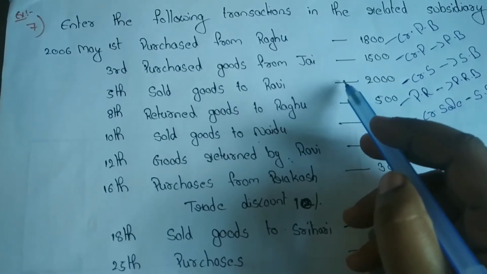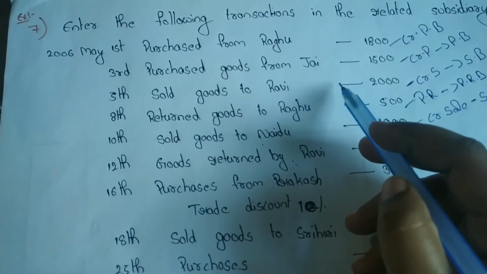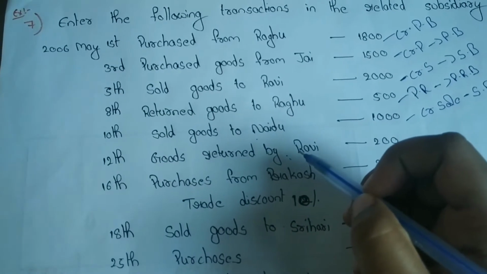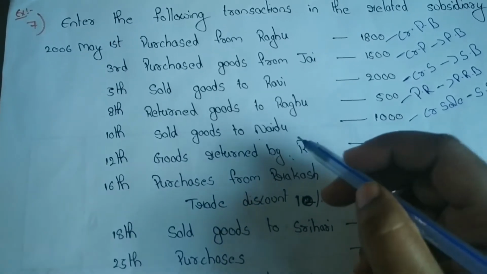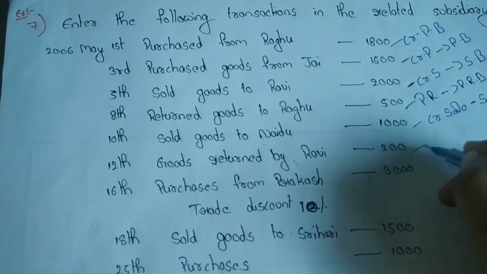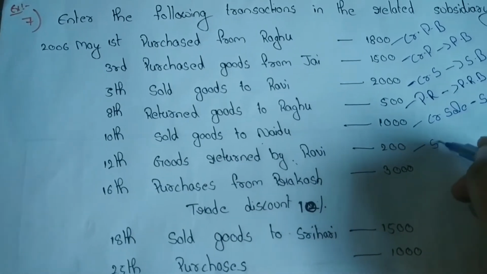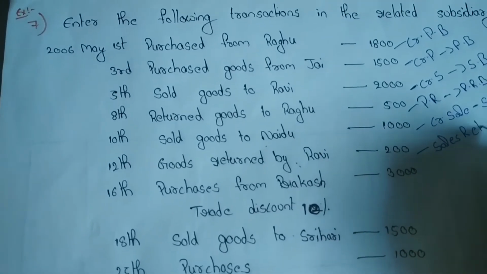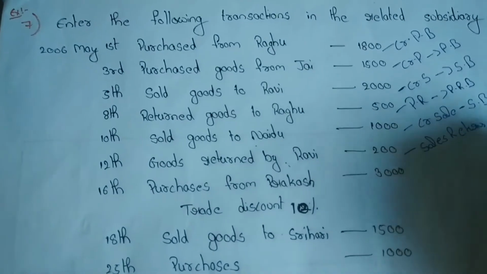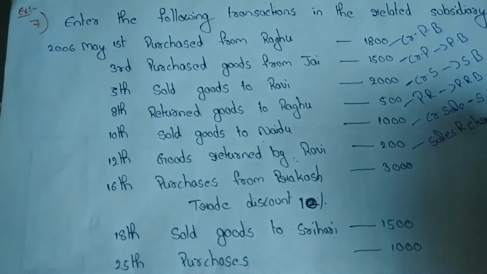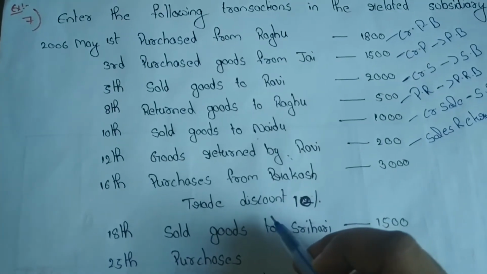On 12th, Ravi returned some part of the goods to our business. That amount was 200. So we already sold goods to Ravi and again he returned the goods. So it was a sales return, and it comes under the sales returns book. It should be recorded in the sales returns book.